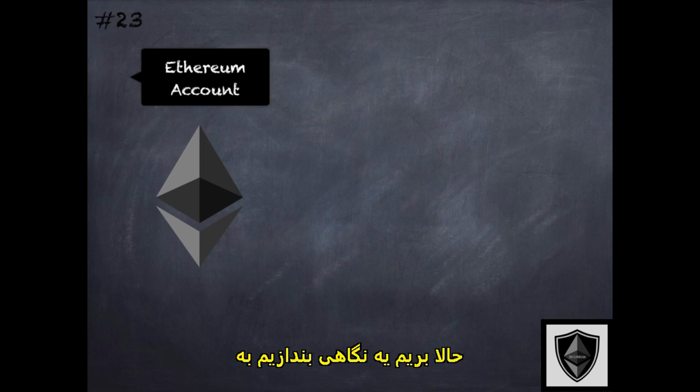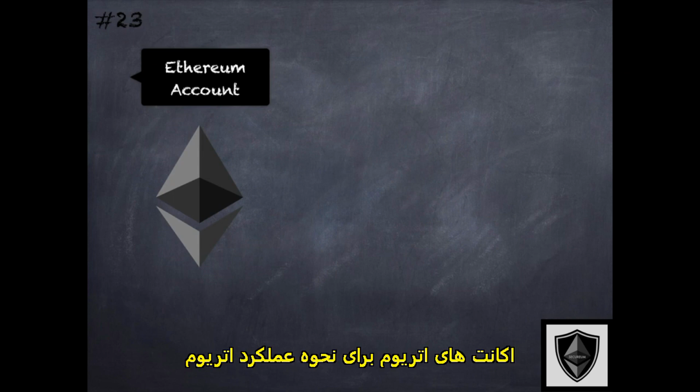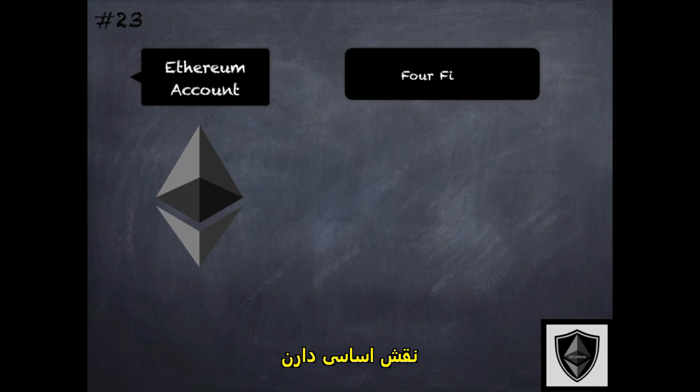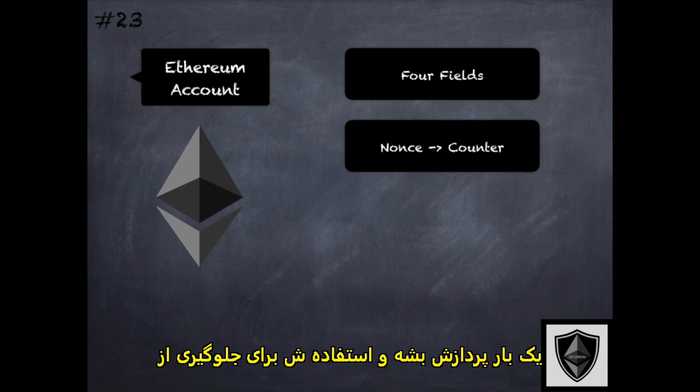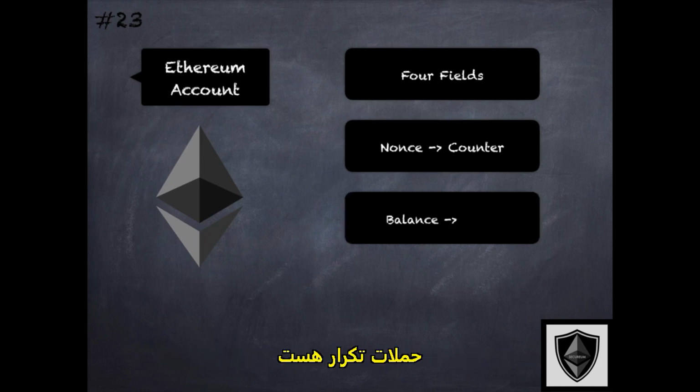Now let's take a look at Ethereum accounts. Ethereum accounts are fundamental to how Ethereum works, and each account has 4 fields in it. There's a nonce. It's a counter that's used to make sure that each transaction can only be processed once, used to prevent replay attacks.